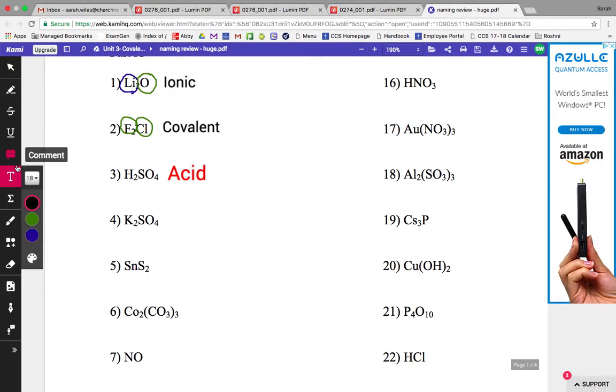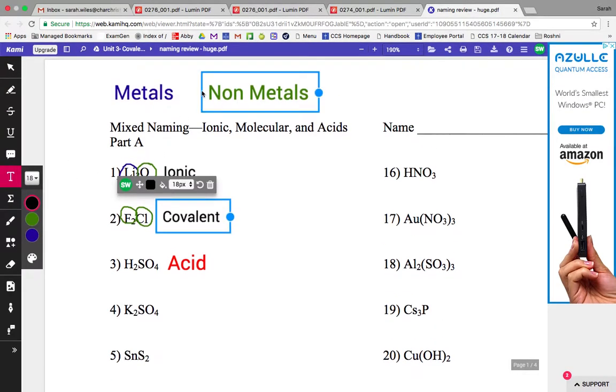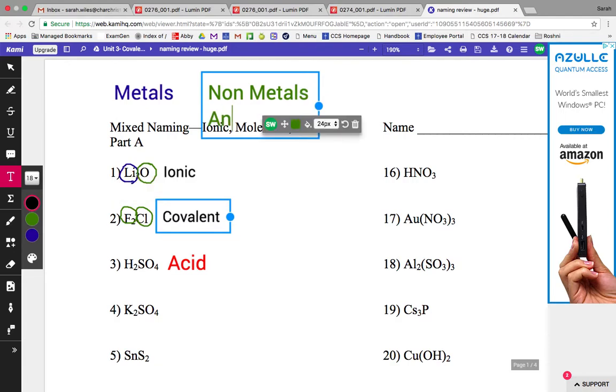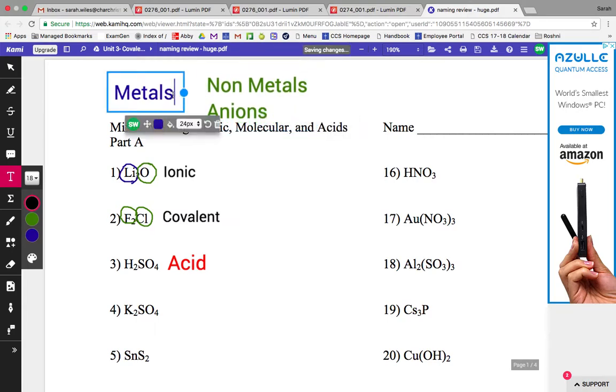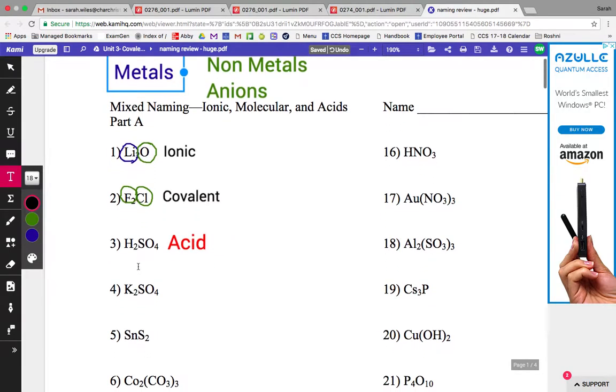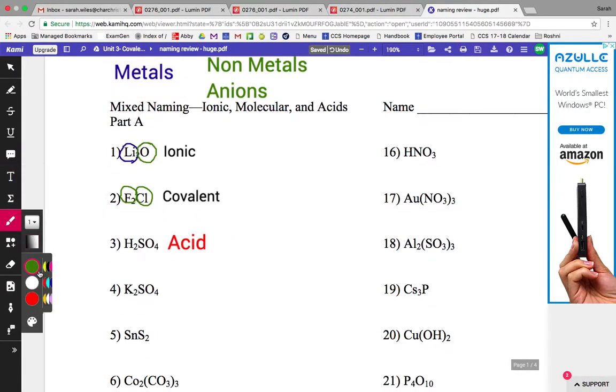So now we know that potassium is a metal, and SO4, S and O are both nonmetals, but in this case, I'm not concerned with that. I'm more concerned with the fact that they are now the anion.